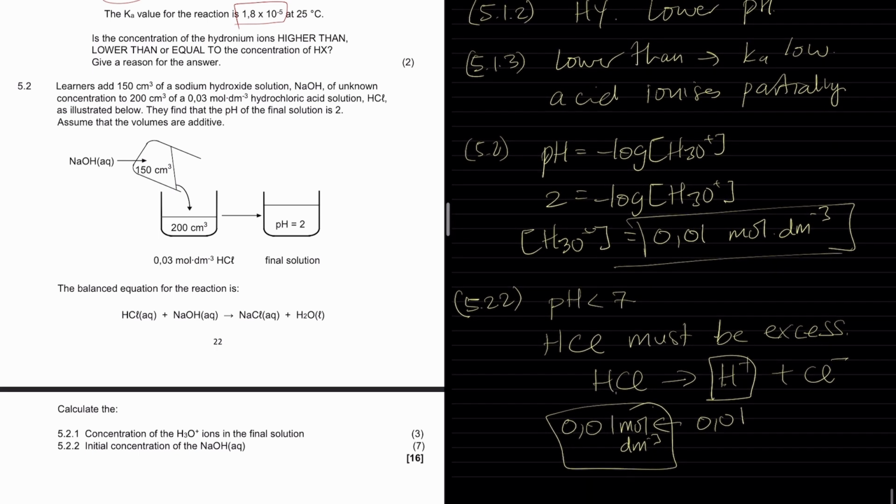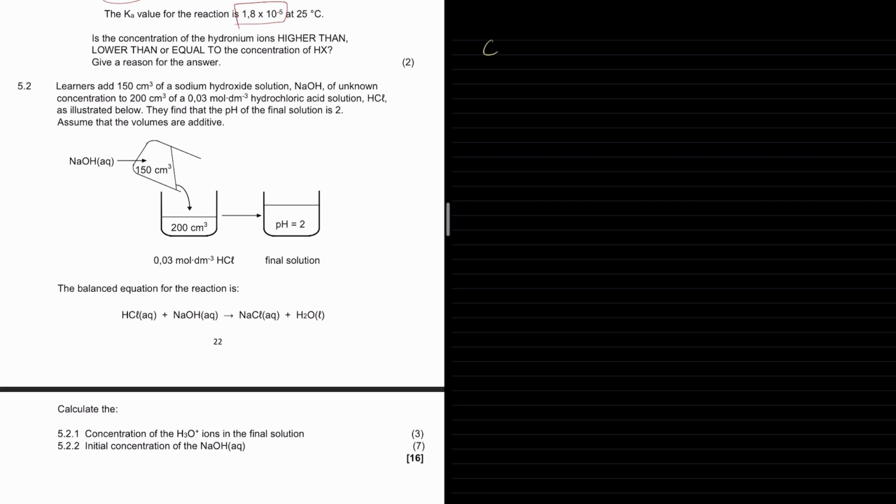Now that I know the concentration, I can calculate the number of moles of the HCl that's in excess. So the concentration is 0.01. The volume, they tell me that the volumes are additive. So this total volume here is 0.2 plus 0.15, which is 0.35. So I can calculate the number of moles of the acid that's in excess.